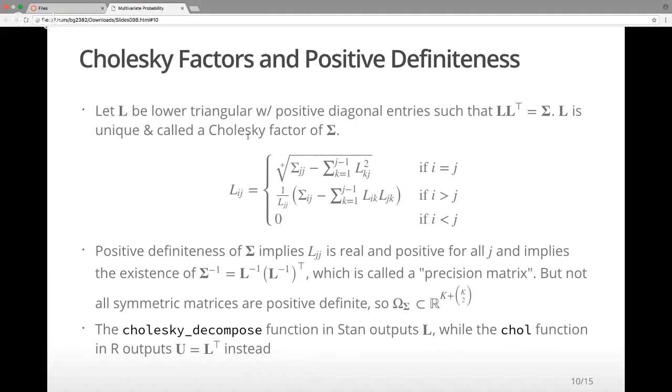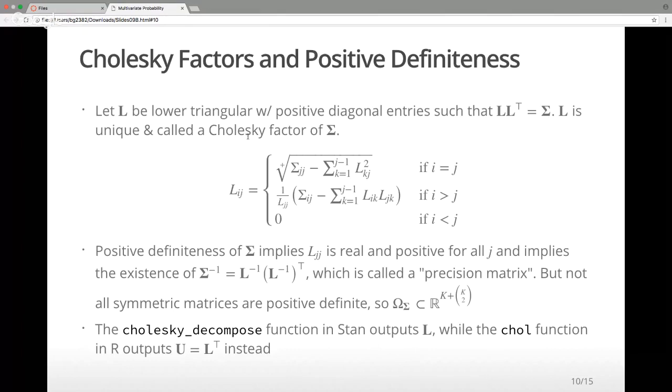There are functions to calculate a Cholesky factor in both Stan and R. It's called cholesky_decompose in Stan. It's called chol in R. R also confusingly outputs the transpose of L, which is the upper triangular matrix. In Stan, it's going to output L, the lower triangular matrix.